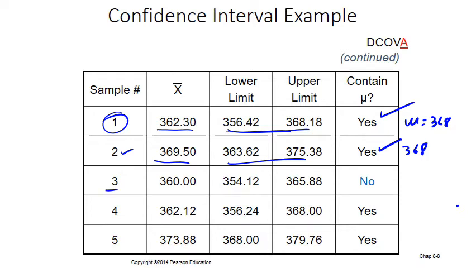Okay, further we take a third sample. Now the third sample is giving us a wrong estimation, 368 does not lie within this interval. Fourth and fifth also say yes. So you can see if you draw 5 samples, 4 times we are getting a correct estimation, which assures us that if you take any sample you should be more than 90% confident that you are estimating the true population mean.